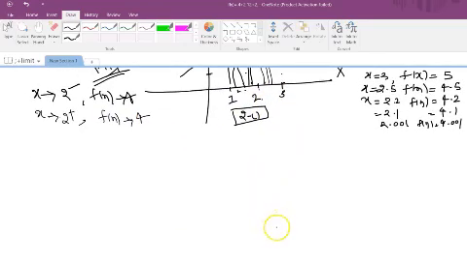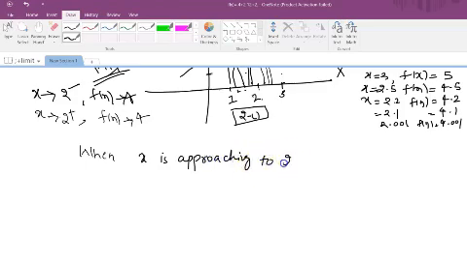Now we can say that when x is approaching 2 from the left side, the value of your function is 4.